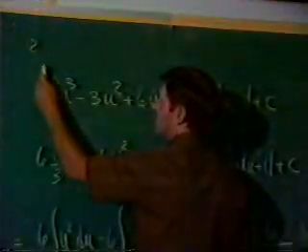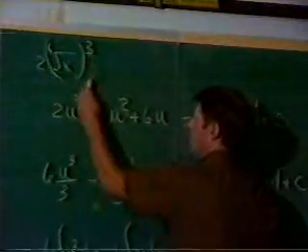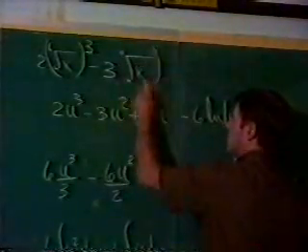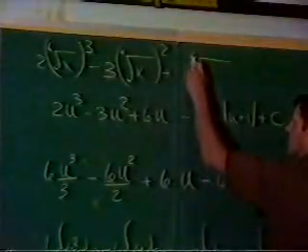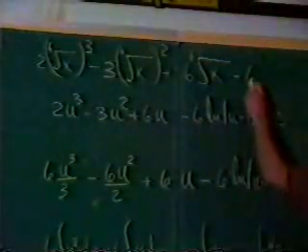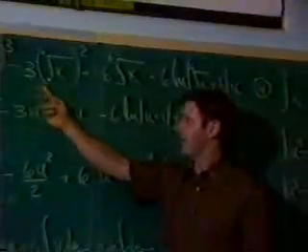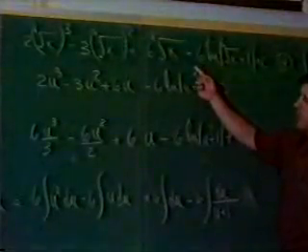So this would be 2 times, in place of u, the 6th root of x, and that quantity is cubed, minus 3 times the 6th root of x, and that quantity is squared, plus 6 times the 6th root of x, minus 6 times the log of the 6th root of x plus 1, plus c. Now we could simplify this further, and as a matter of fact I do simplify this in your notes. I'm not going to take tape time in order to do this.